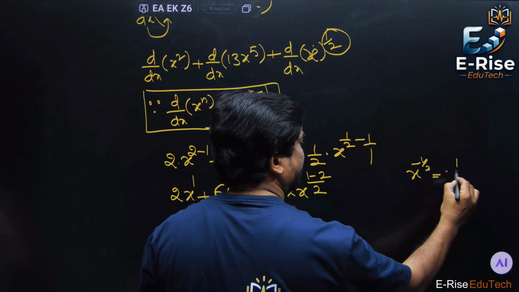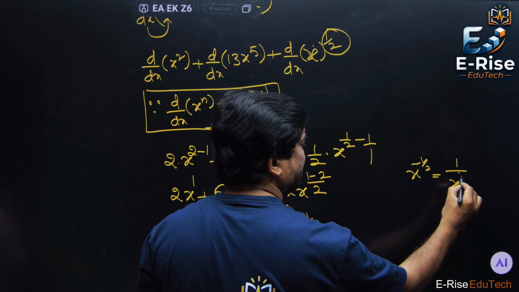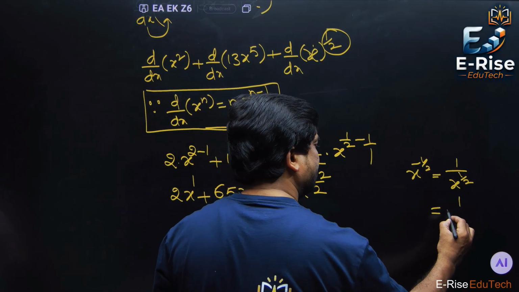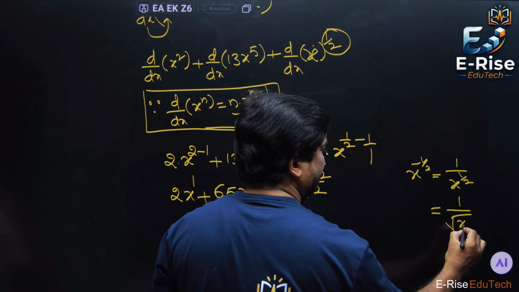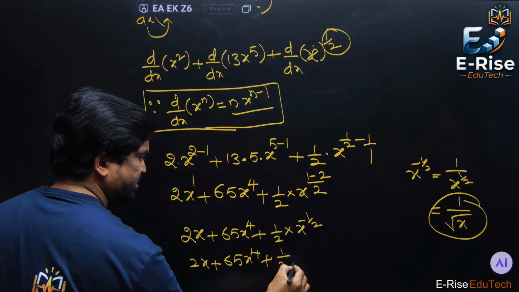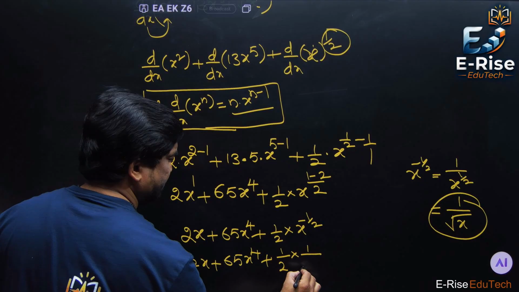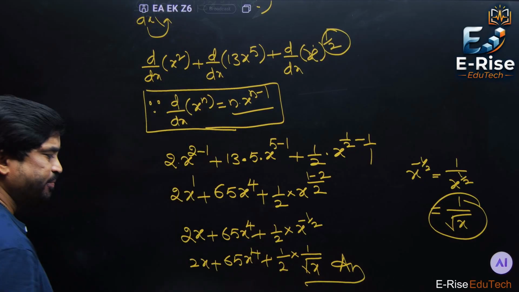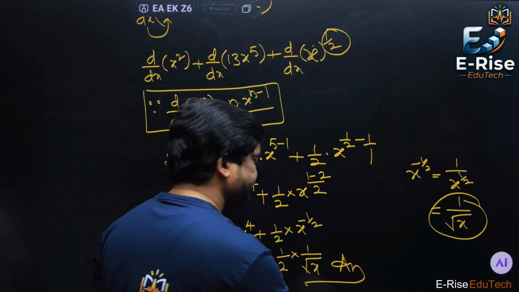What is that? Minus there, you can write it as 1 by x power 1 by 2. x power 1 by 2 means root x, so 1 by 2 root x. Can substitute it here, into 1 by x. Is that okay?